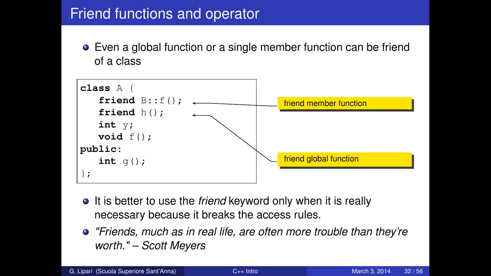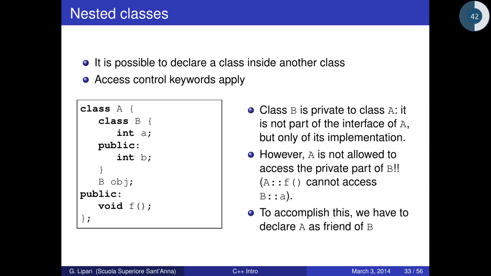So I would recommend not using friend at all, unless you are really forced to. As Scott Meyers, who is an expert on C++ and gives a lot of lectures on C++ around the world, said: friends, much as in real life, are often more trouble than they are worth. So let's try not to use friends.